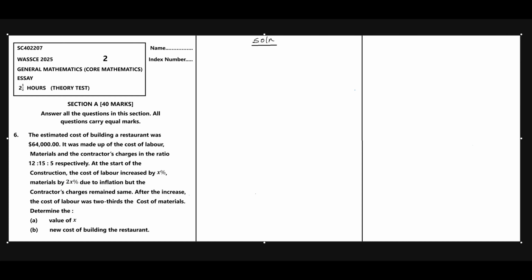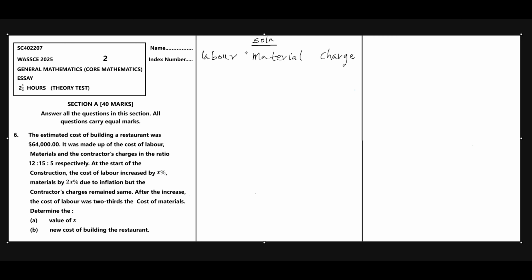But the total cost was made up of three different categories of items. The first one was the cost of labor. We also have the cost of materials. And then the last one was the contractor's charge, so how much you charge for building the restaurant.